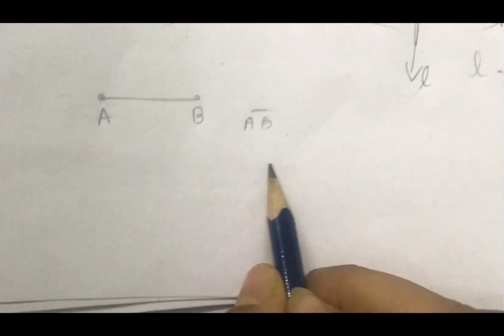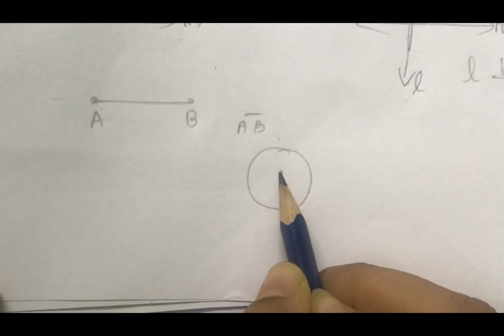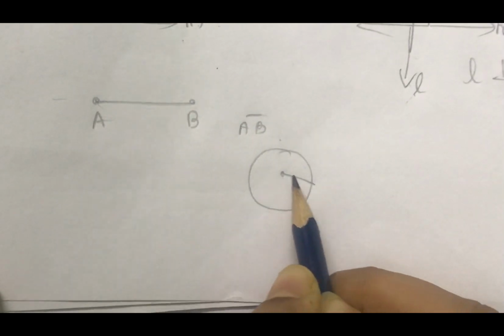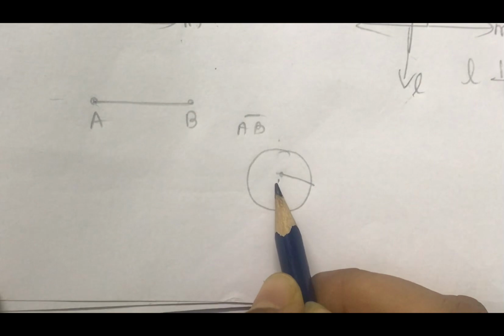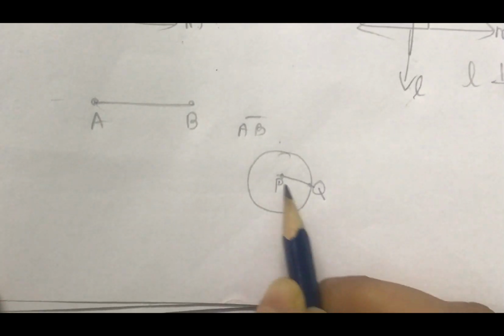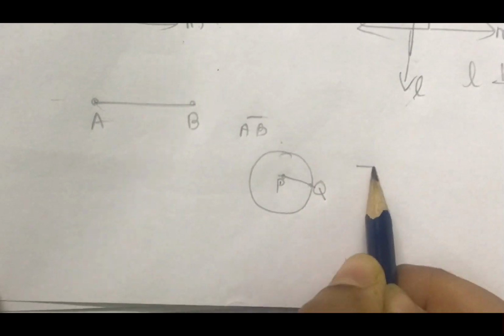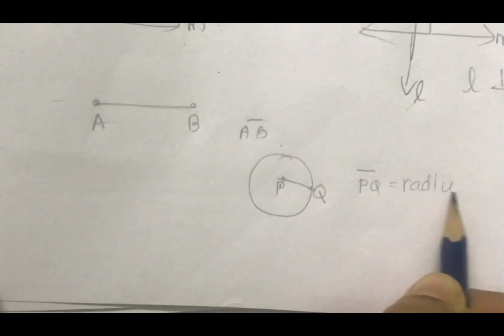The distance from the center of the circle to a point on the circle. So here in this circle P is the center and Q is a point on the circle, then PQ is the radius.